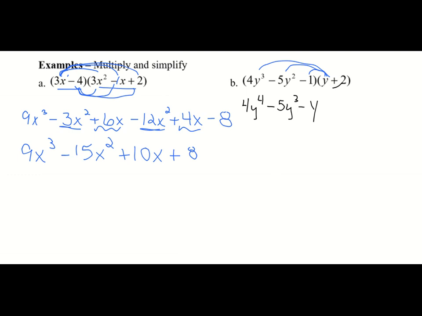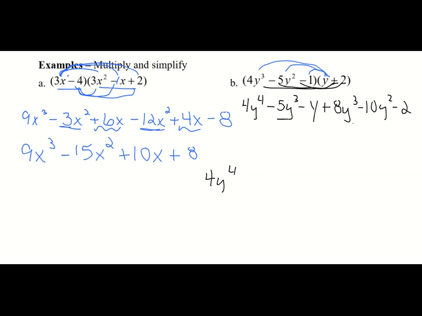Now we're going to do 2 times everything. So 2 times 4y cubed is going to give me positive 8y cubed, negative 10y squared, and negative 2. Now combine like terms. So again, there's no other 4th term, so it's going to be 4y to the 4th.